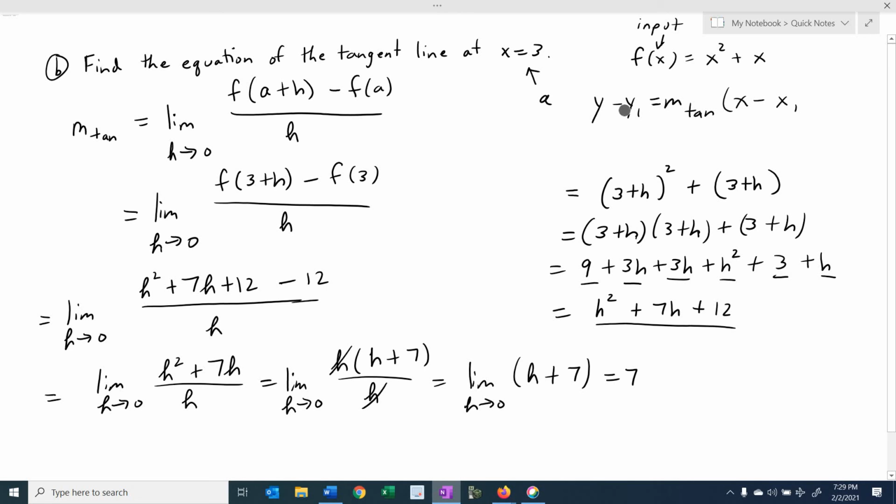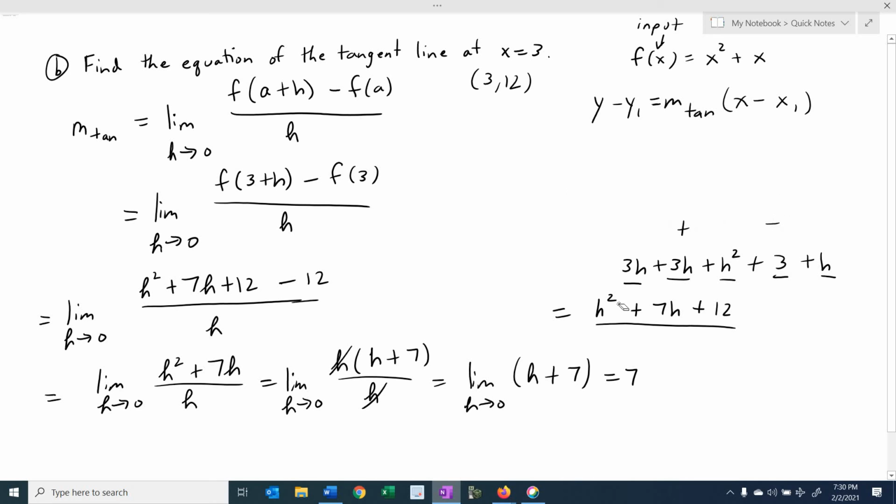And then x1, y1, we don't have a choice like we did before. There's only one point that we know that goes through the tangent line, and it's the point 3, 12. Remember the y value was 12 here. So the ordered pair is 3, 12. Okay, and so let's just plug those into the point slope formula and find the equation of the tangent line.